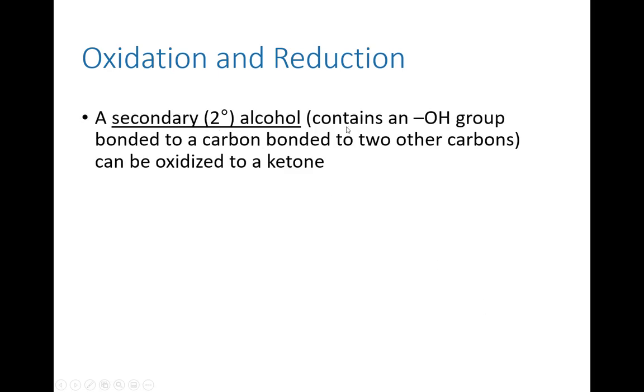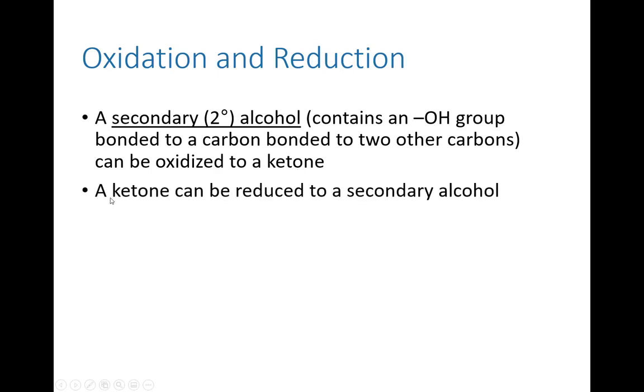Secondary alcohols, recall those contain a hydroxyl group bonded to a carbon, and that carbon is bonded to two other carbons. They can be oxidized to ketones. So a ketone can then be reduced backwards to form a secondary alcohol.